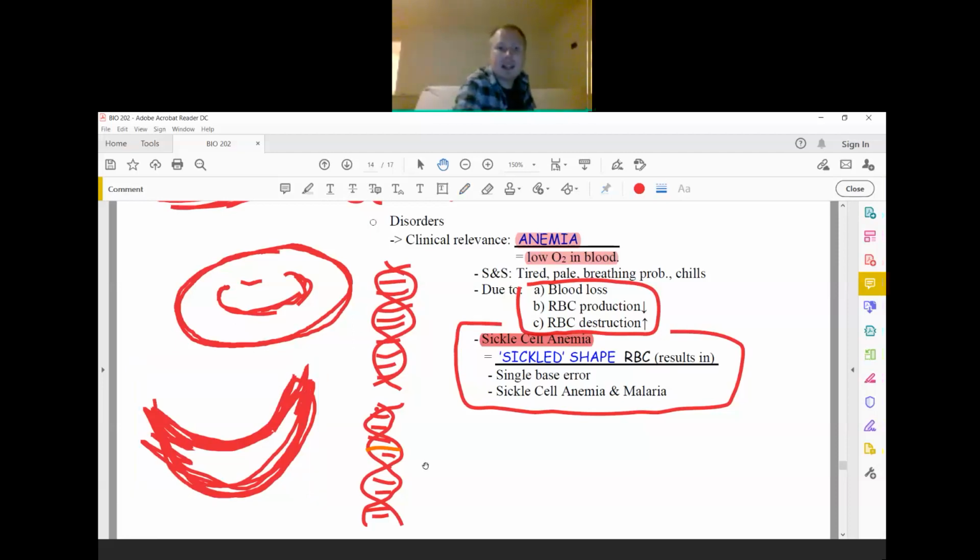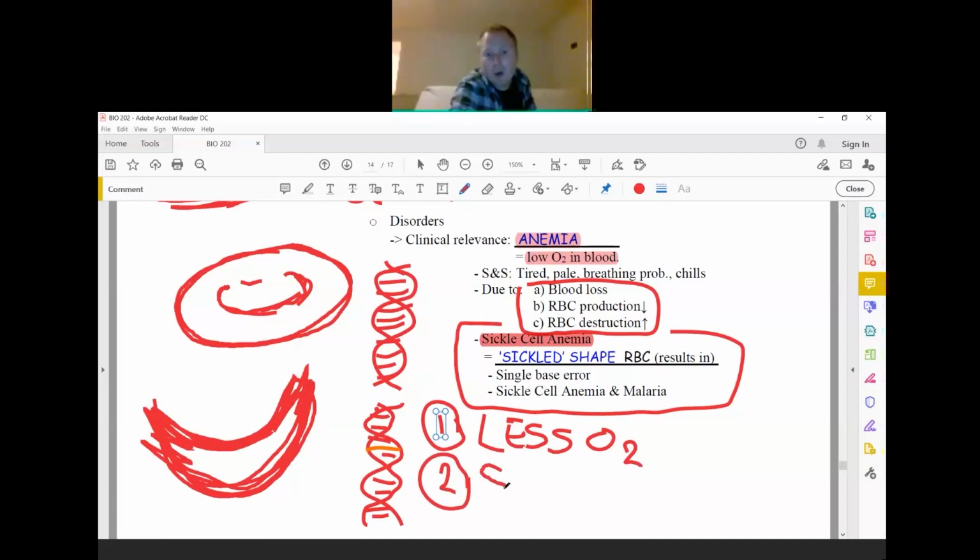Well, the first consequence that we see is that they are able to carry less oxygen. So that's not great, that they're not carrying as much oxygen as the normal red blood cells. The other problem is that because their shape is not nice and smooth, they often also get stuck where they shouldn't get stuck.